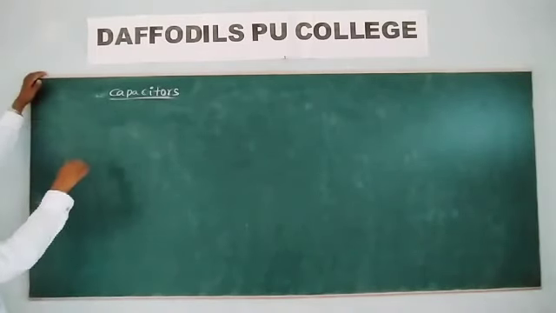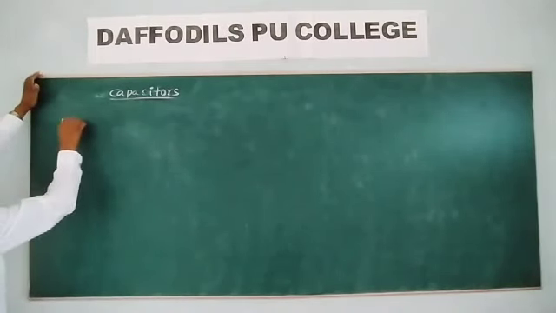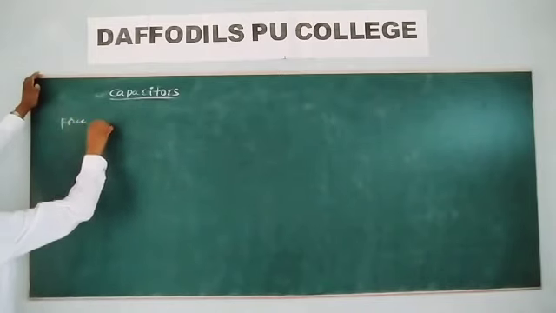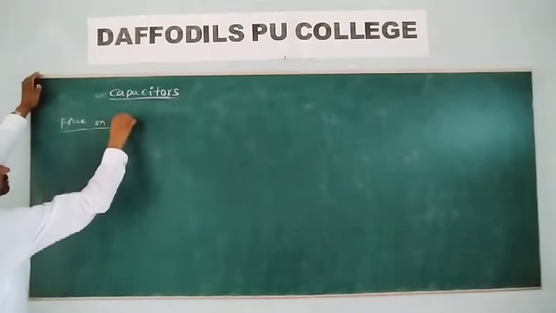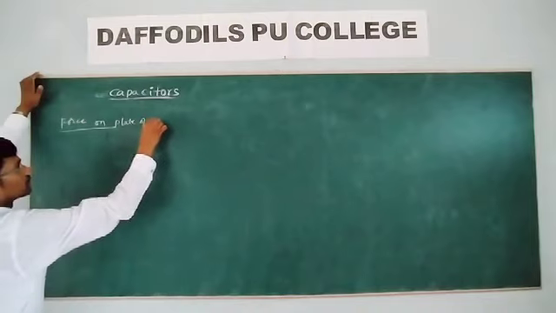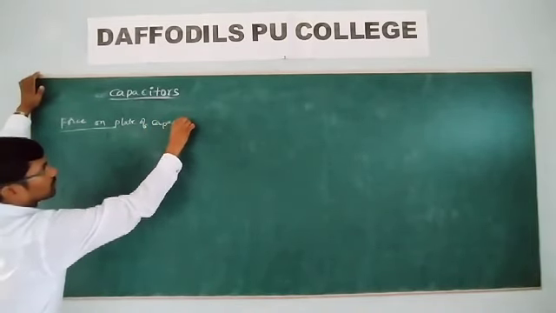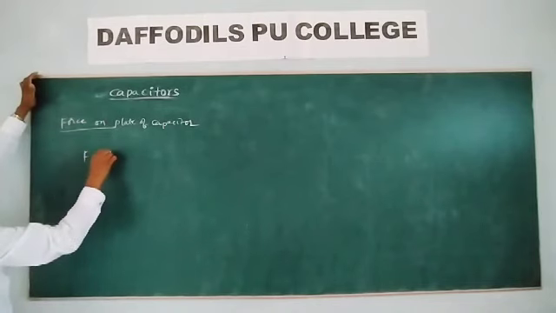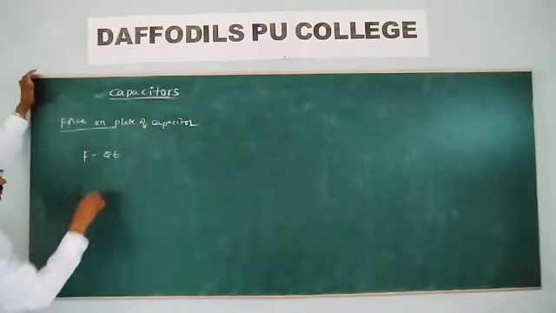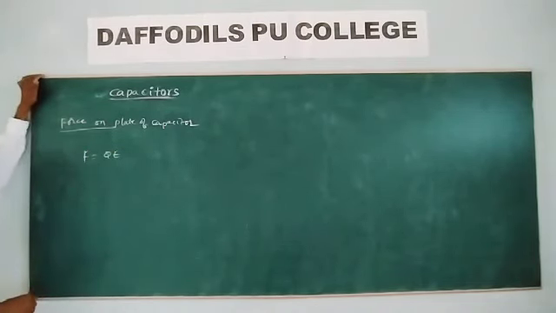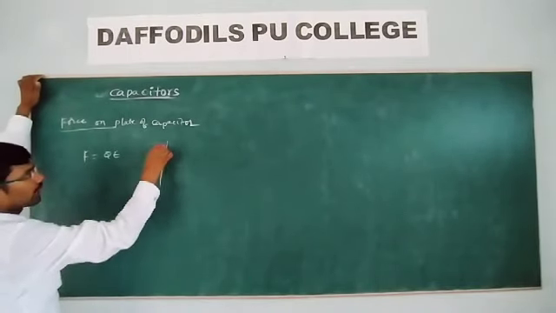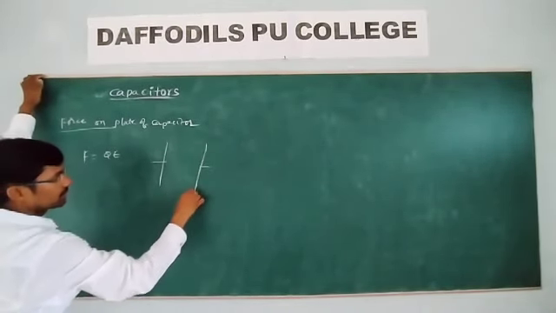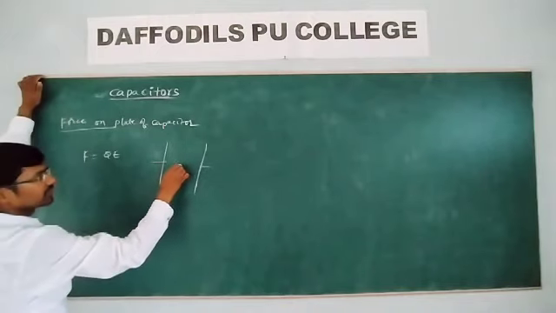So what would be the force acting on the plates of the capacitor? What do you know? F is equal to Q into E. But remember, when you are taking the capacitor plates, what is the electric field between the plates?